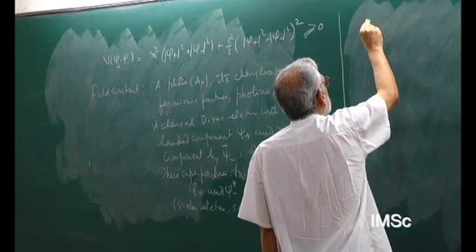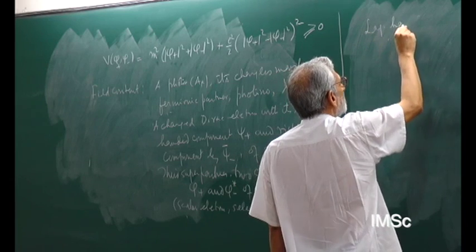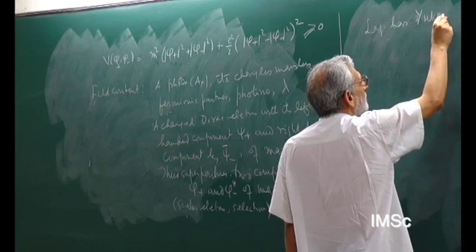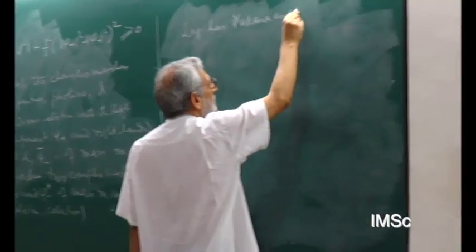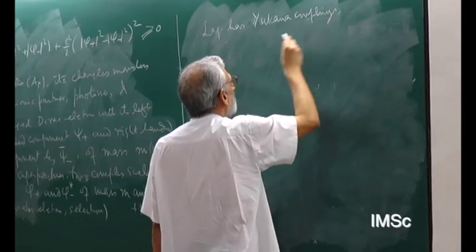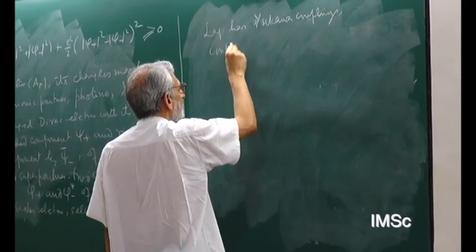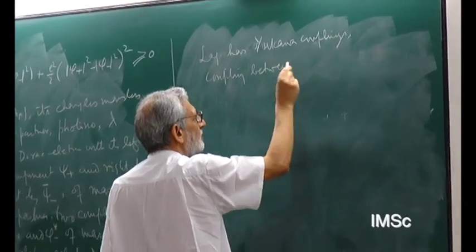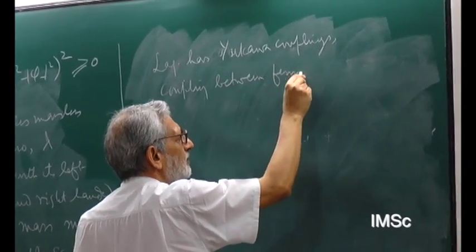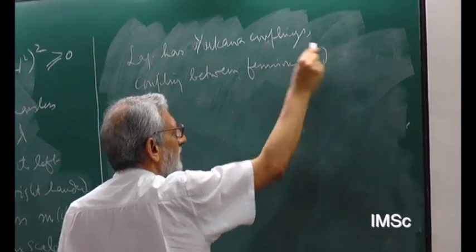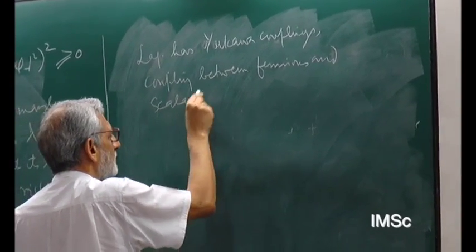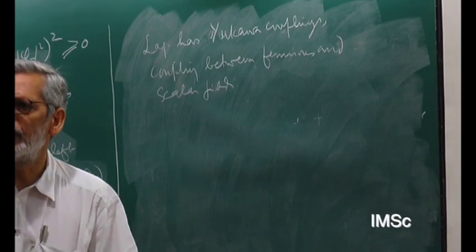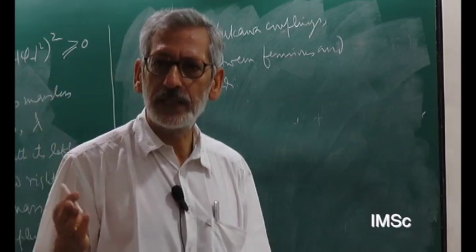This Lagrangian has Yukawa couplings, couplings between fermions and scalar fields. Couplings between fermions and scalar fields are called Yukawa couplings.